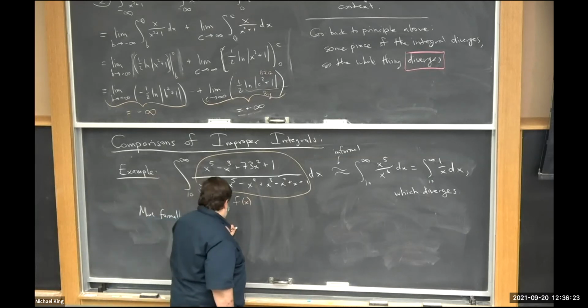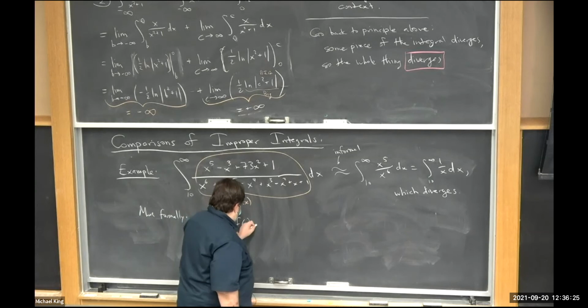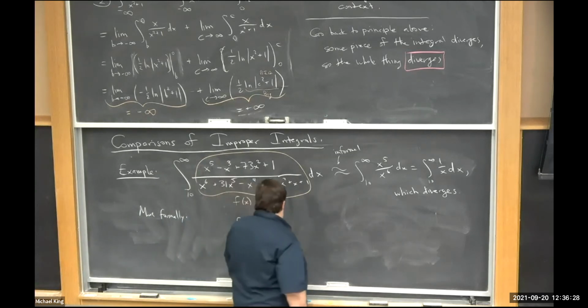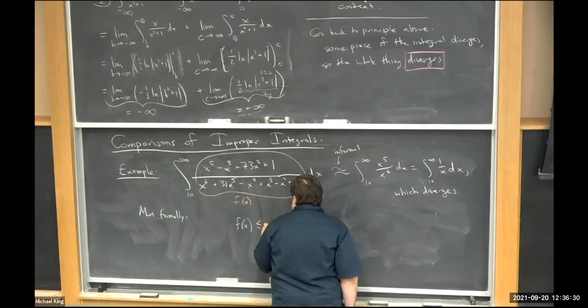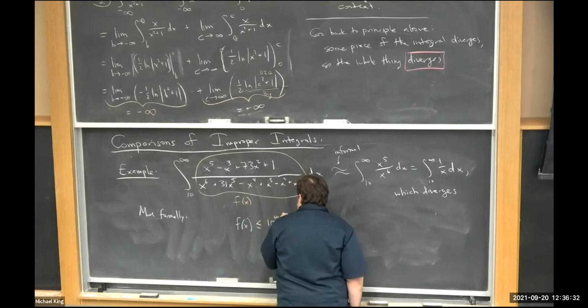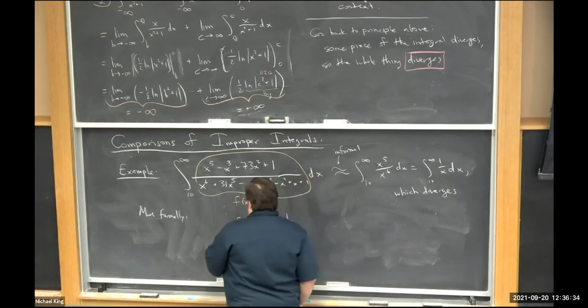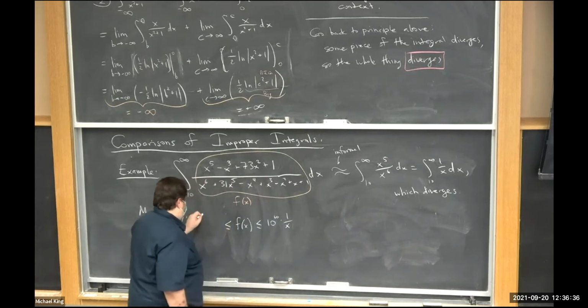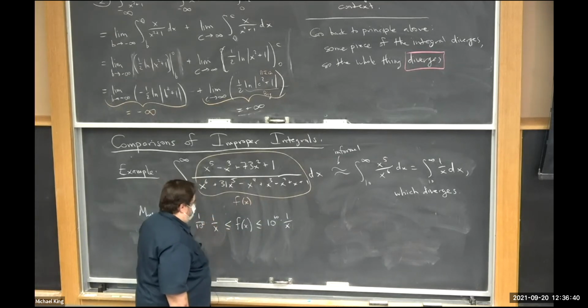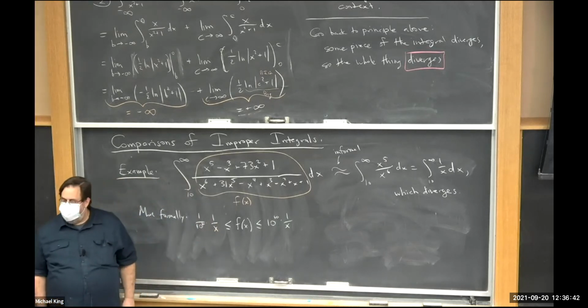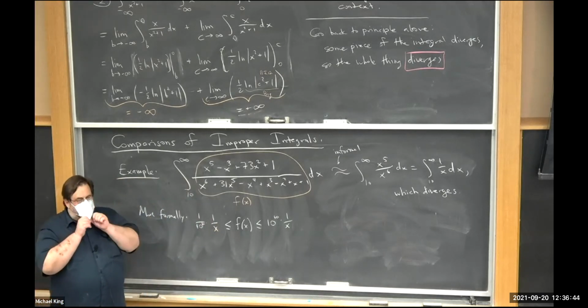I bet this function is less than 10 to the 10th times 1 over x, and greater than or equal to 1 over 10 to the 10th times 1 over x. Remember that thing I said about sandwiching the function between two, using constants to sandwich it?